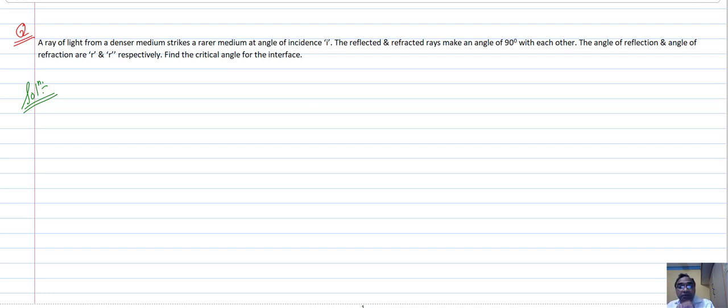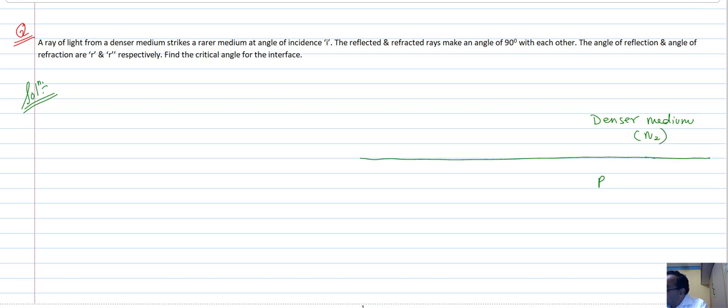Now, if I try to represent this first line of the numerical in the form of a diagram, it will be something like this. This is the interface, and here we have the denser medium. Let us say the refractive index is N2.